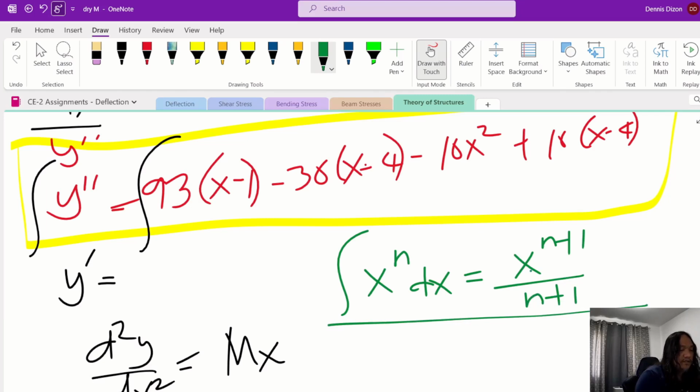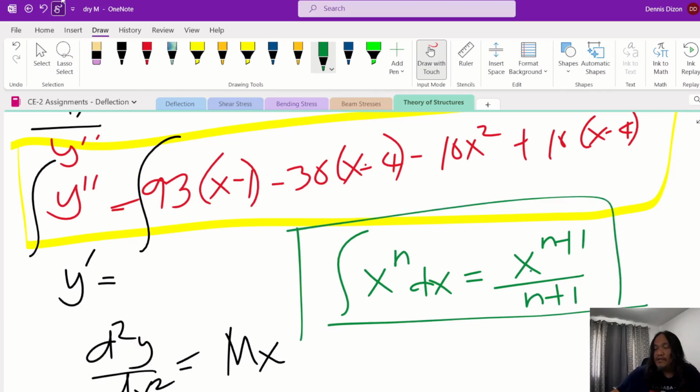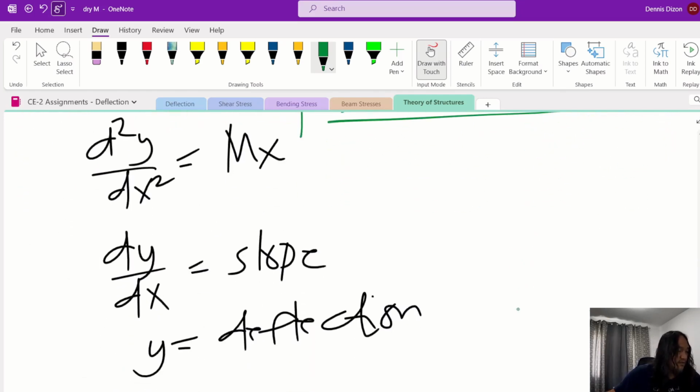So using this formula, we will integrate each part of the equation. So 93 times x minus 1, x minus 1 without exponent, so it means this is 1. So our x is x minus 1, and this is constant 93, so that would stay the same.